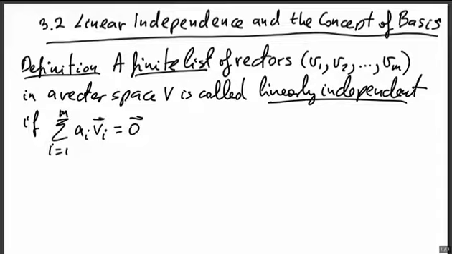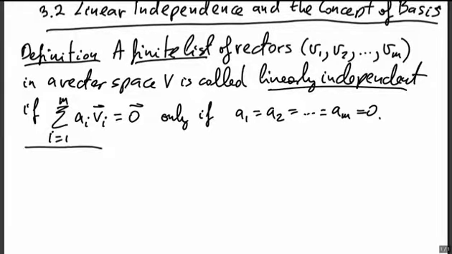Now I want to emphasize that ai's are scalars and vi's are vectors, equals the 0 vector only if all the coefficients a1, a2, and so on up to am equal 0.